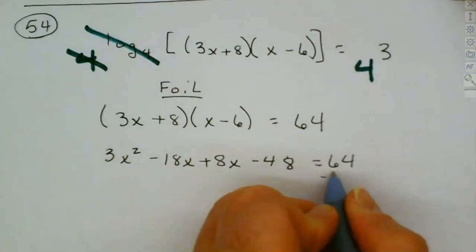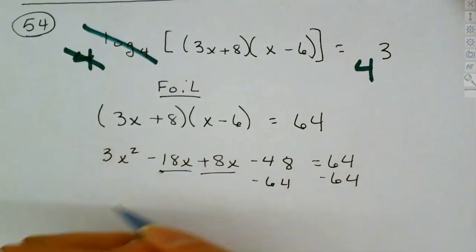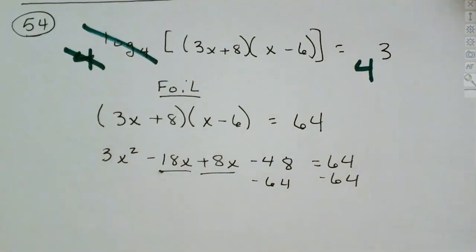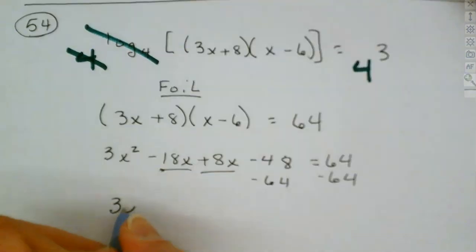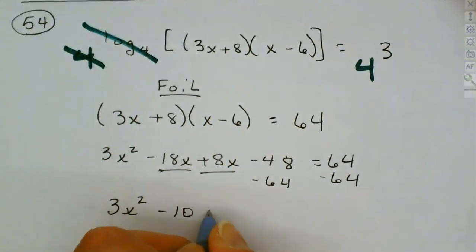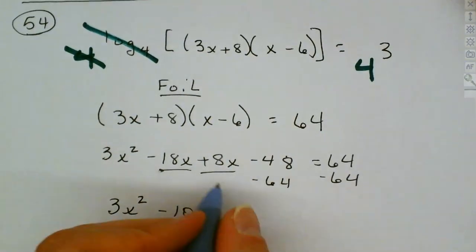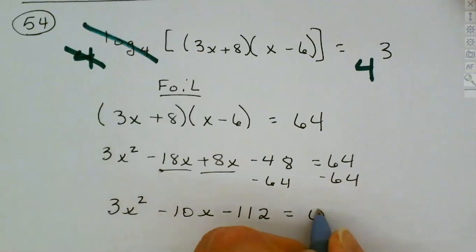So I'm going to move that 64 over. That negative 18x and that positive 8x, those go together. So now we've got 3x squared, we have a minus 10x, and we have a minus 112, and that equals 0.